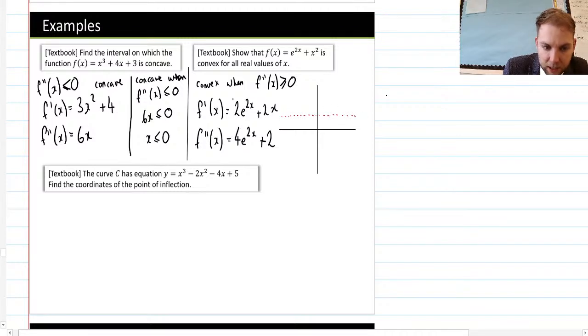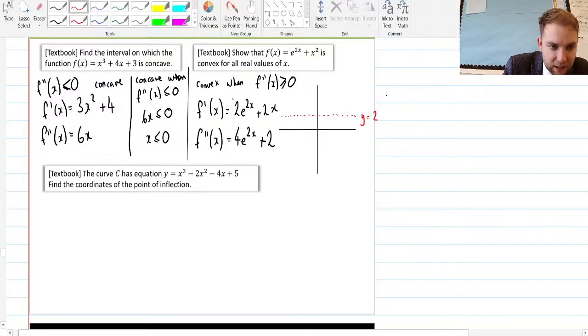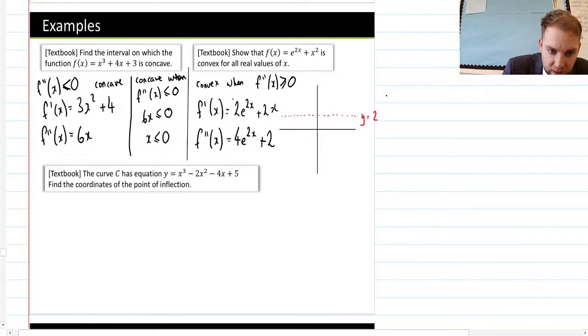So this is going to be y is equal to 2. So then 4e to the 2x looks like this. Now be careful, this isn't 1 because it's times by 4. If it was times by 4, it would be 1 times 4, which is 4. But up by 2, this is going to be equal to 6 here.